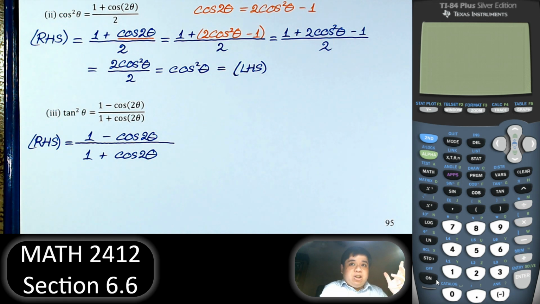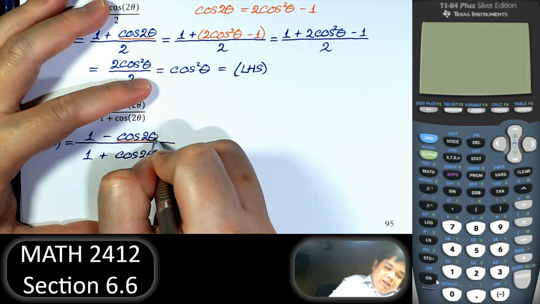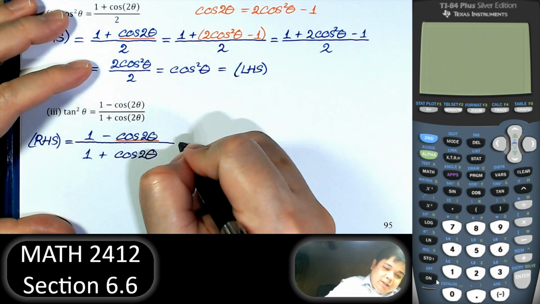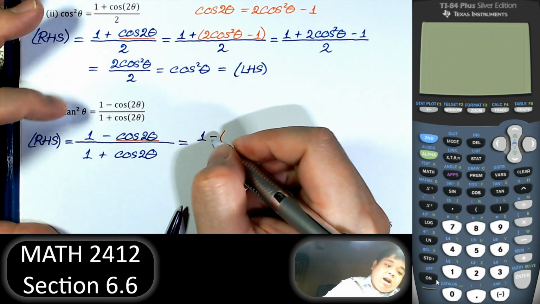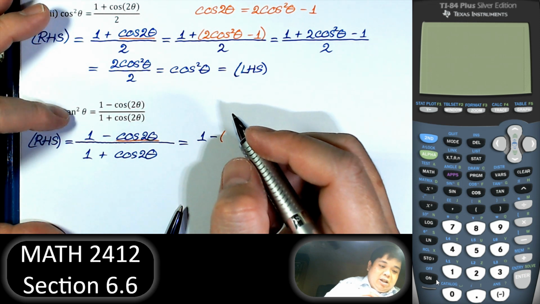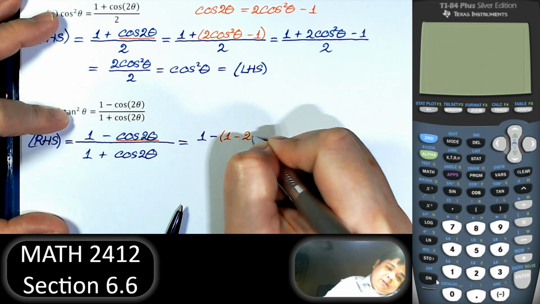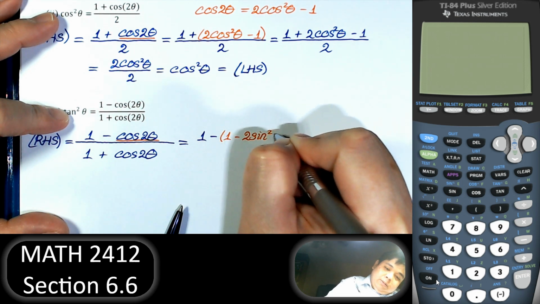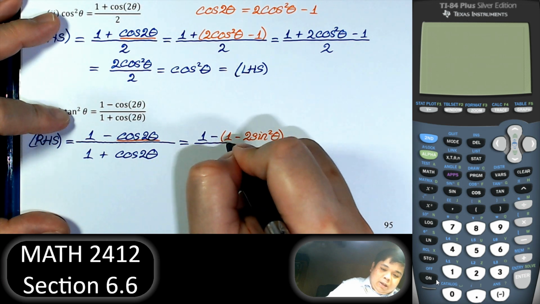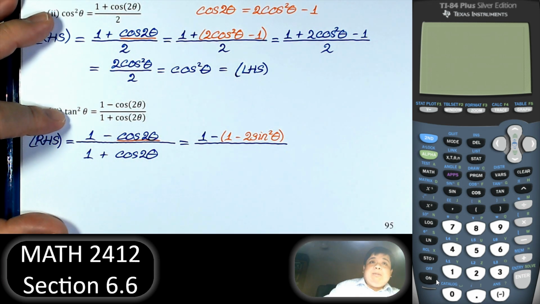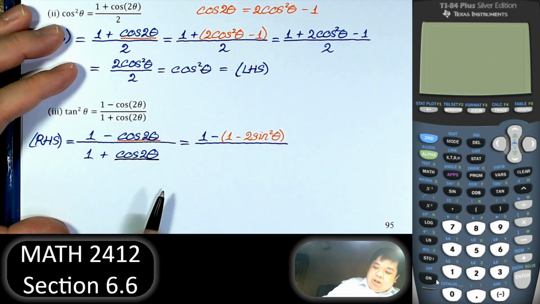So sine square on the top, cosine square at the bottom. So on the top, we're going to use something that has sine, because tangent has sine on the top. And for tangent, we have cosine square at the bottom. So that's why we rewrite cosine of 2 theta as that.